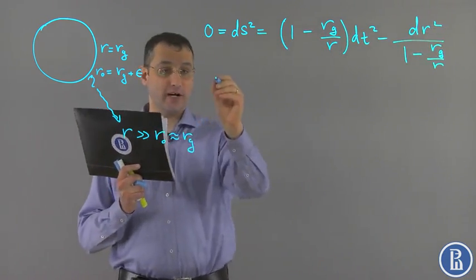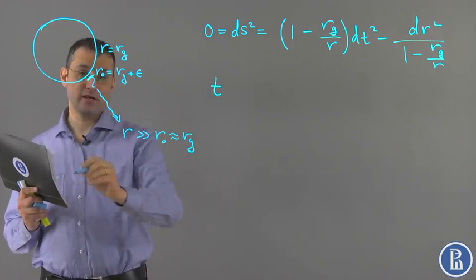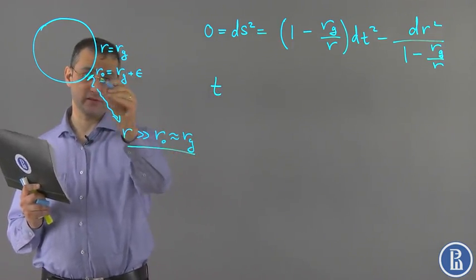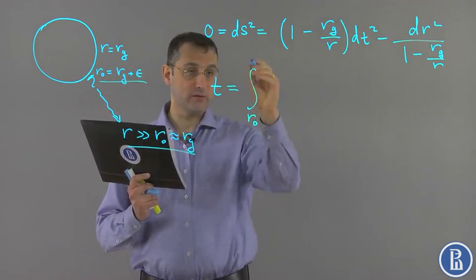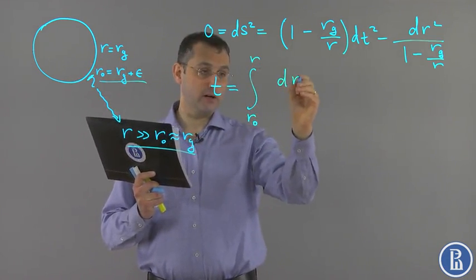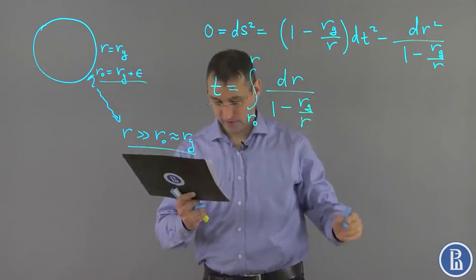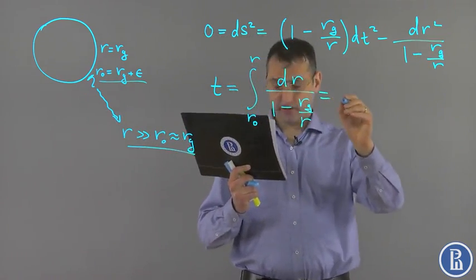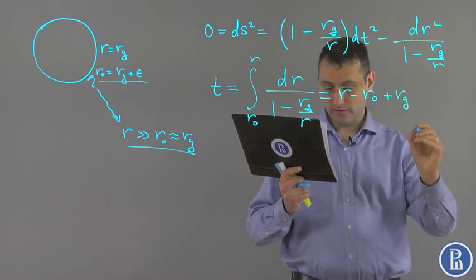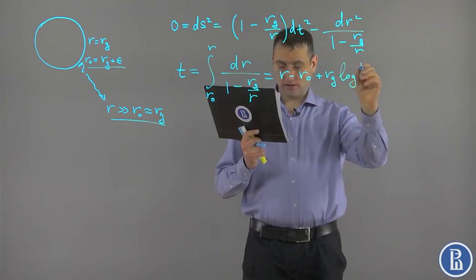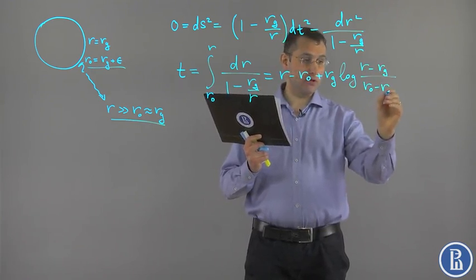From here, one can find that the time it takes for this wave packet to climb from this position to this position is equal to the integral from r0 to r of dr over (1 minus r_g over r). As follows from here, this is equivalent to r minus r0 plus r_g times log of (r minus r_g) divided by (r0 minus r_g).